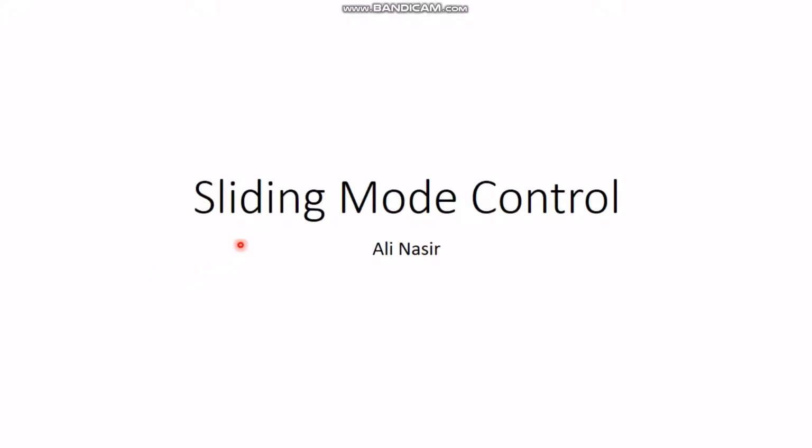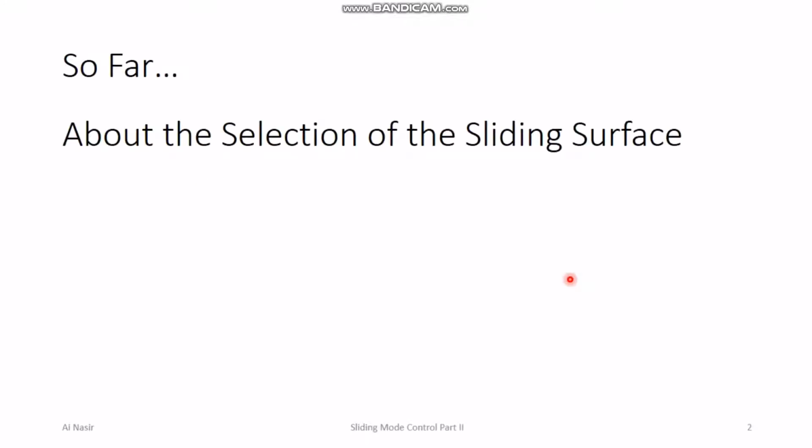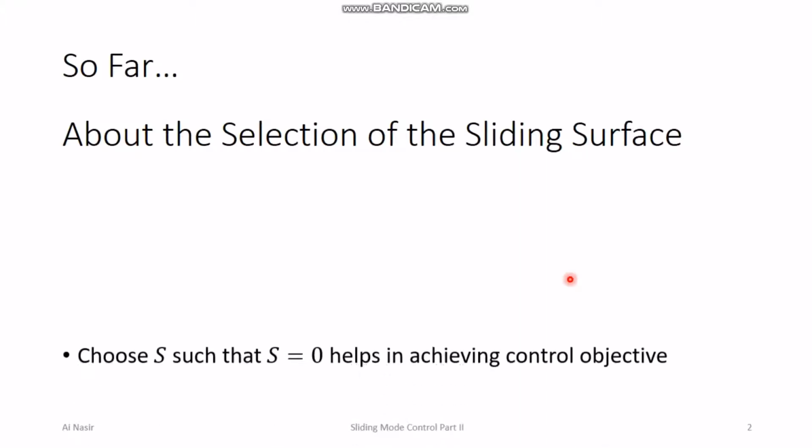Today we are going to continue our discussion on sliding mode control, and this will be our second and last discussion on this topic. So far we have discussed that the sliding surface has two selection criteria.